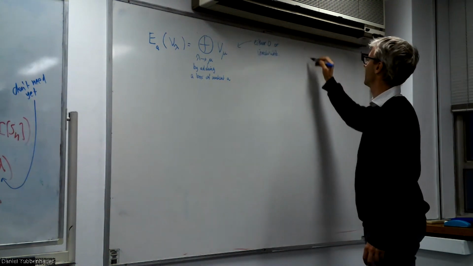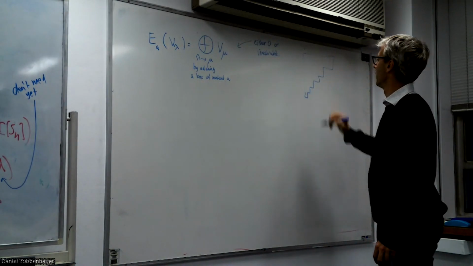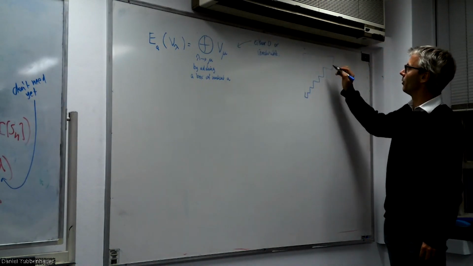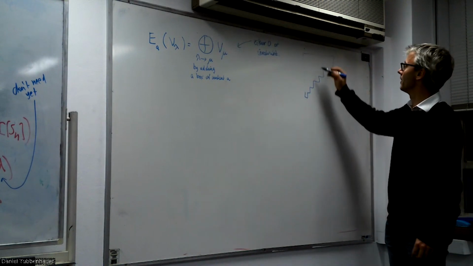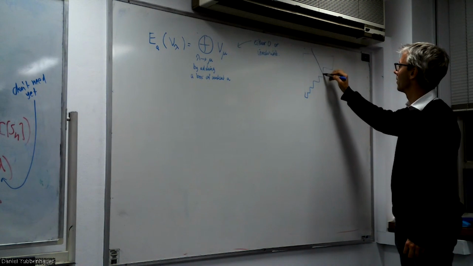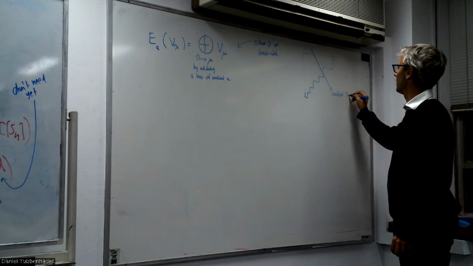If I give you a partition, E_A would be, say if I want to apply E_7, there's some diagonal. This is my content 7 diagonal.